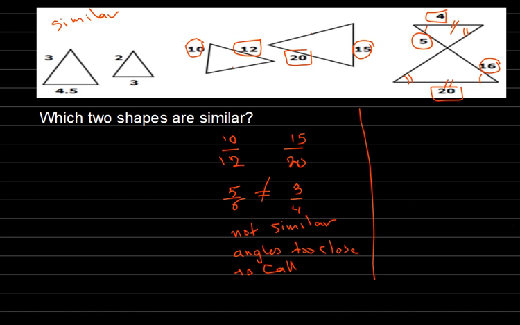Okay, and if you do so, you do 4/5, that should be the same as 20/16. 4/5 is 0.8, and 20/16 is 1.25. Again, use a calculator. Those are not equal to each other, so we would say those are not similar.